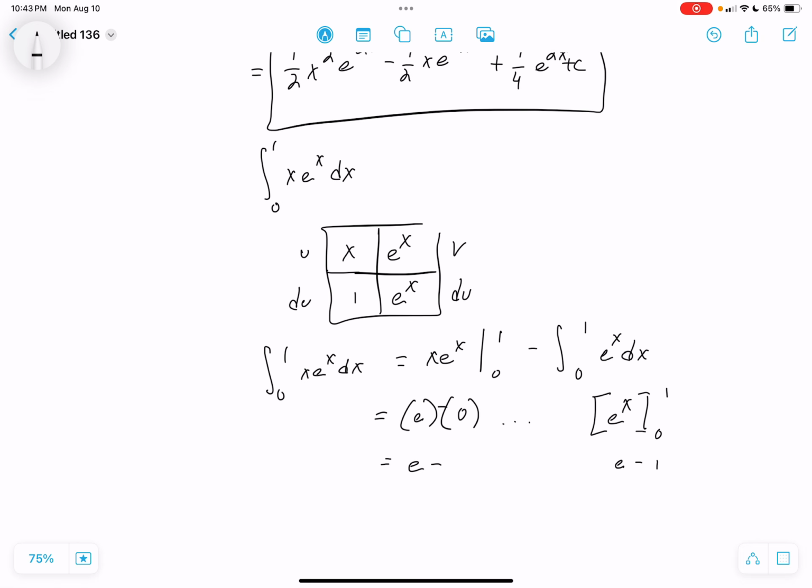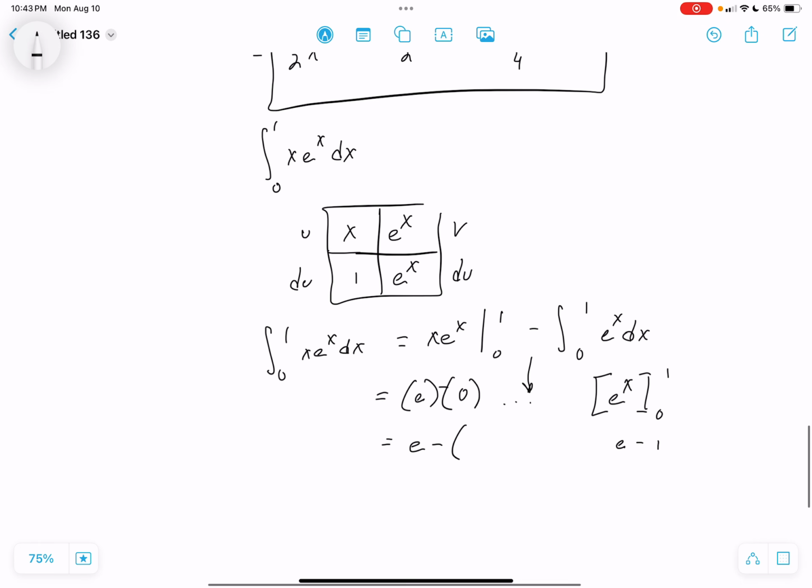Now, notice that I'm also subtracting. I have this subtraction here. Don't forget about that. So now I have e minus 1. Look at how cool of an answer this is. My e's cancel, and I simply get 1.